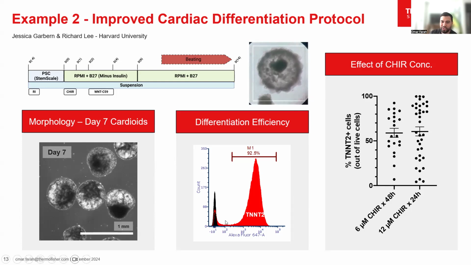We start to see expression of markers associated with cardiomyocytes, like TNNT2. But you'll notice that this process is very dependent on the concentration and duration of those particular small molecule activators or inhibitors. So that process of fine-tuning the signaling pathway needed to generate your cell type is really, really important.